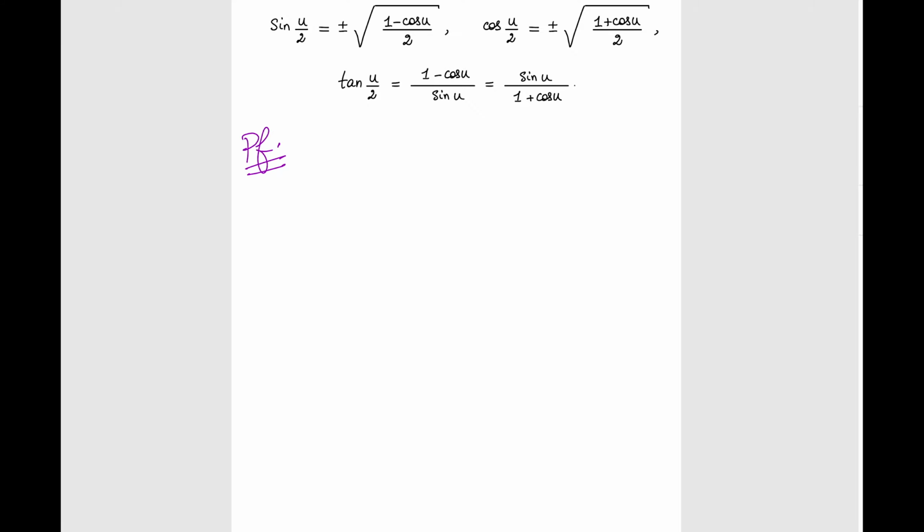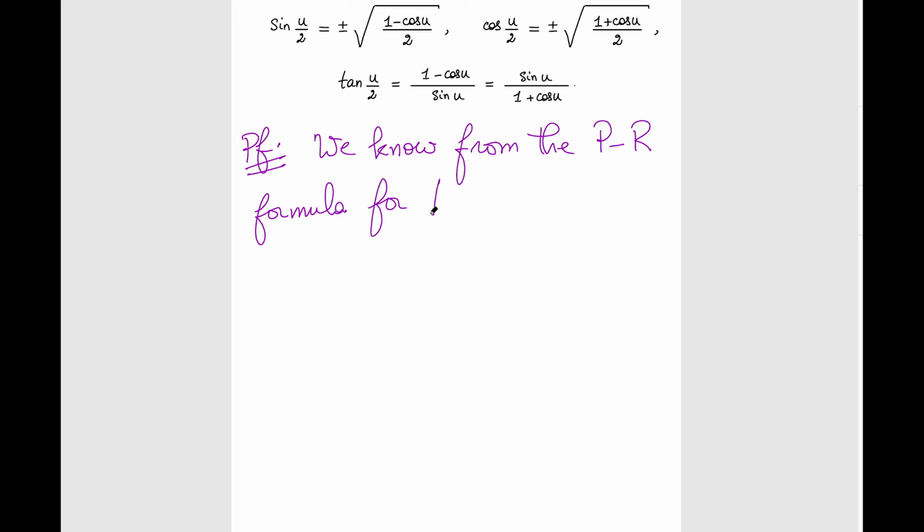So we know from the power reducing formula for tangent that the following holds.